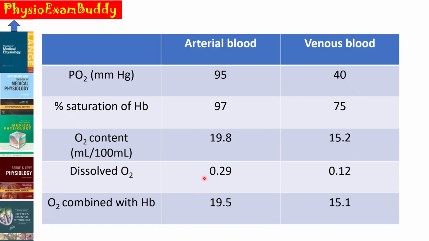You can see here that in arterial blood, the oxygen content is around 19.8 ml per deciliter, and out of this 0.29 ml is transported in the dissolved form and 19.5 ml is bound to the hemoglobin. Whereas in the venous blood, the total oxygen content is about 15.2 ml per deciliter, and out of this 0.12 ml is in dissolved form and 15.1 ml is bound to the hemoglobin.